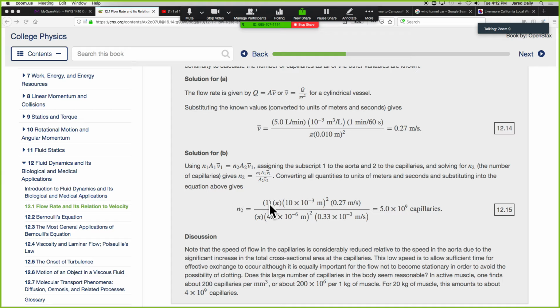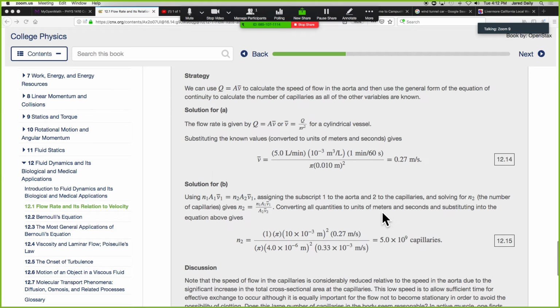So N2 equals N1 times the area of the aorta times the speed of the blood in the aorta divided by the area of the capillary and the speed of the blood in the capillary. And when we solve for that, it turns out that we have 5 billion capillaries in our body. So 5 billion capillaries.